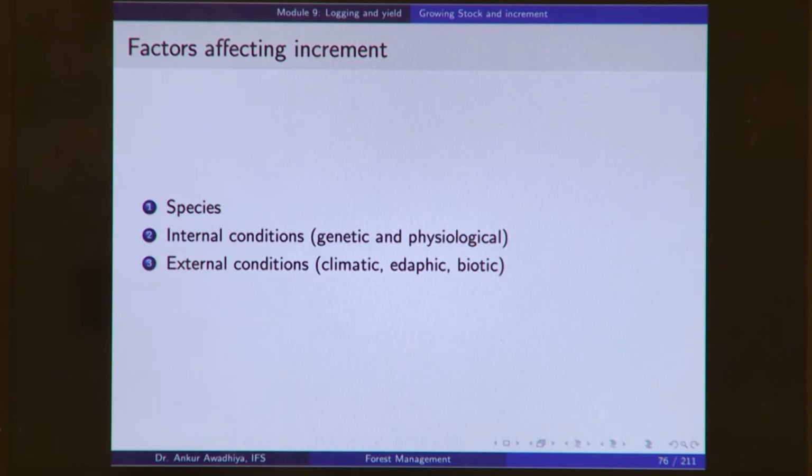Biotic factors, suppose you have a stand which is now infested with a disease. So, the plants are diseased and not able to put up a large amount of growth. So, the increment depends on species, it depends on internal factors, it also depends on external factors.